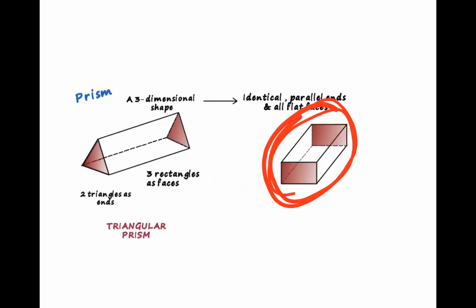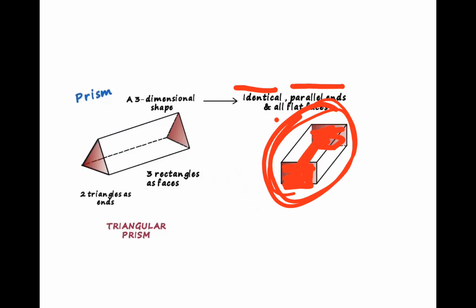And next, it should have identical and parallel ends. And third, the other surfaces should be flat. So here you are seeing one end is a rectangle and the other end is also a rectangle, and they are in the same line.